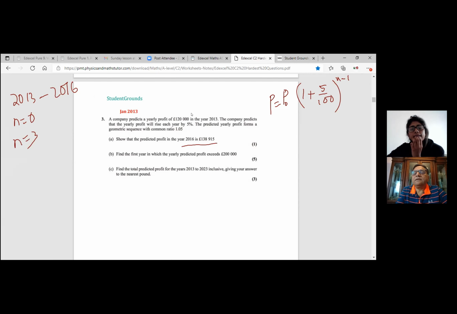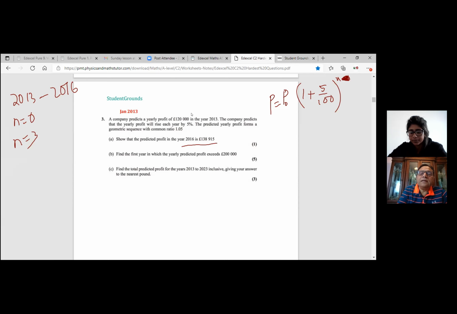If you write n as 1, that means after 1 year, 2 means after 2 years, 3 means after 3 years. Sometimes we use n minus 1, but the thing is, this is after, so when it is after 1 year, n will be there, not n minus 1.